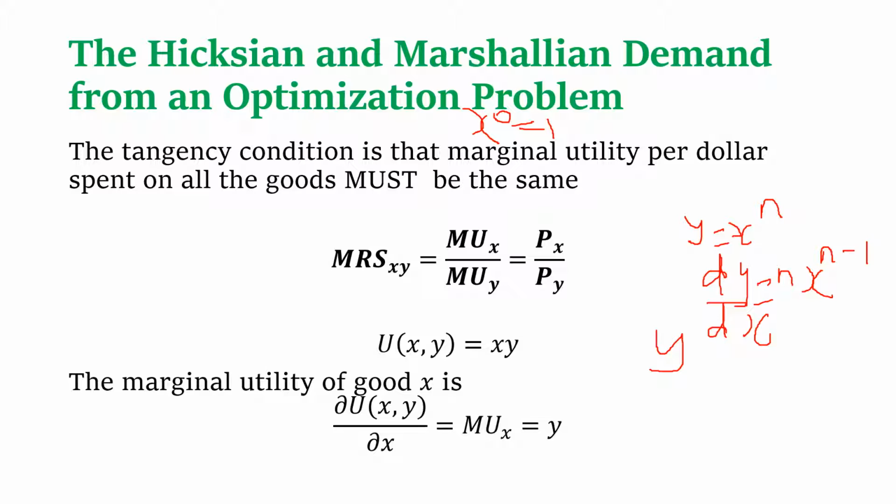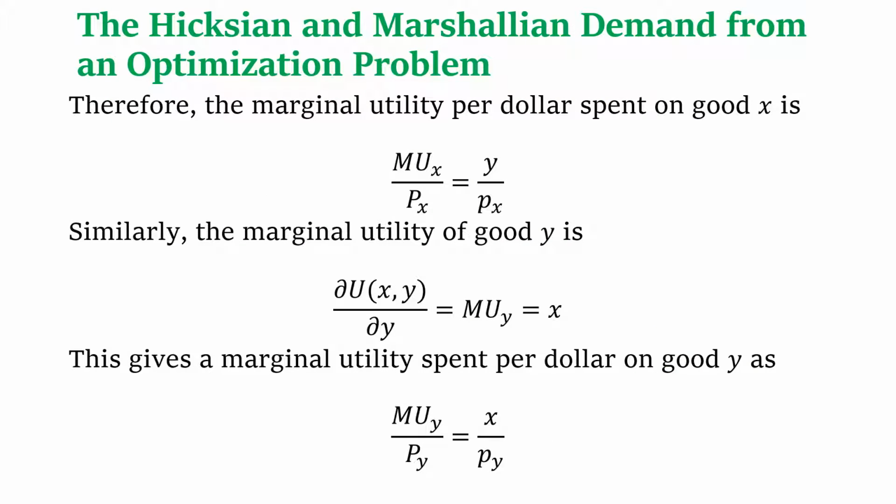Okay, so let's continue. So the tangency condition here is MUx over Px, which is y over Px, right? Now we know what MUx is. We have calculated that one. And so the marginal utility per dollar spent on x is going to be y over Px.